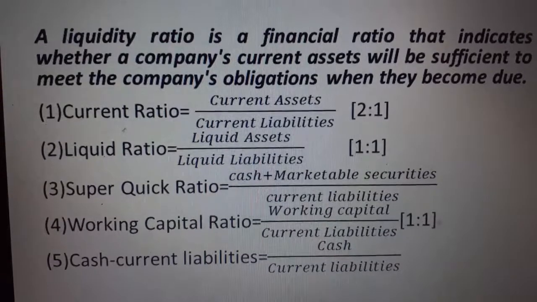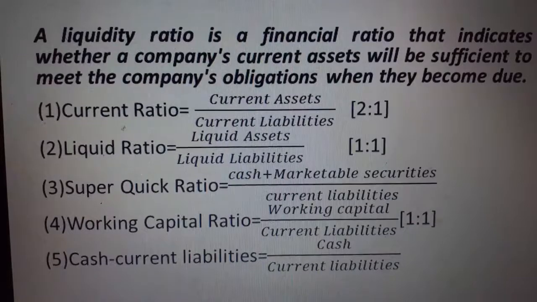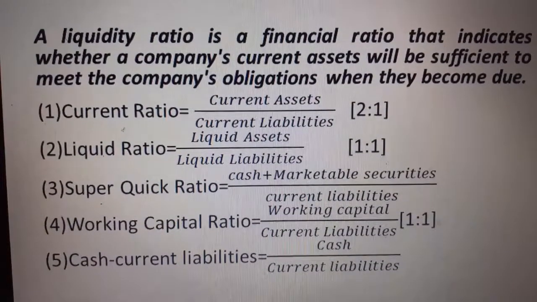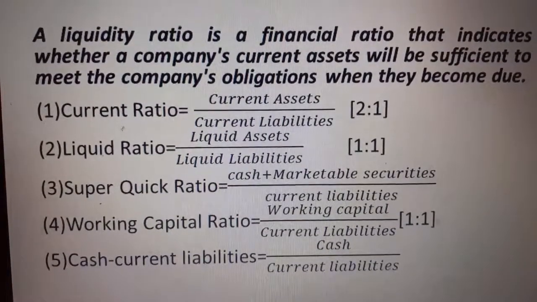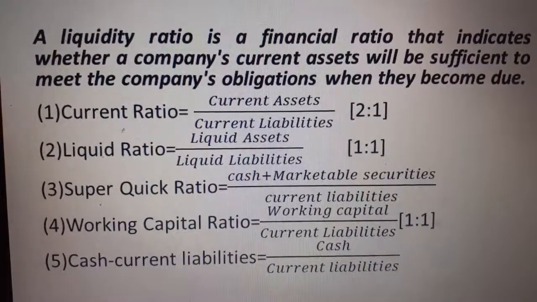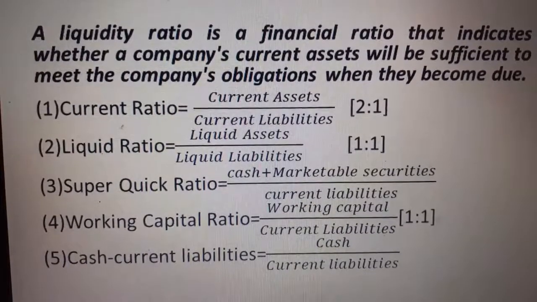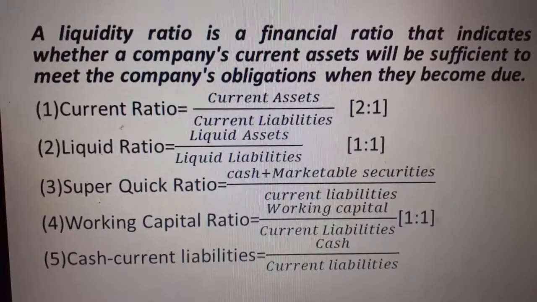It means that if your organization has 2 taka current assets and 1 taka current liabilities, your organization is sound in terms of financial aspects. Liquidity ratio, liquid assets by liquid liabilities, and its standard is 1:1. That means if your liquid assets are 1 taka, then your liquid liabilities will be 1 taka, and it will be a good indicator.